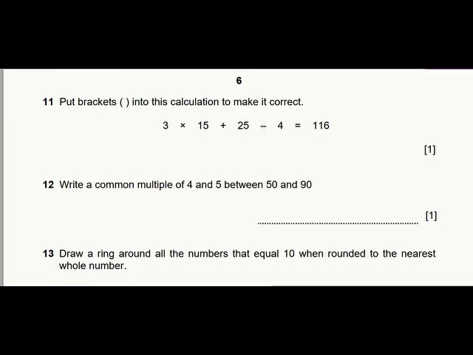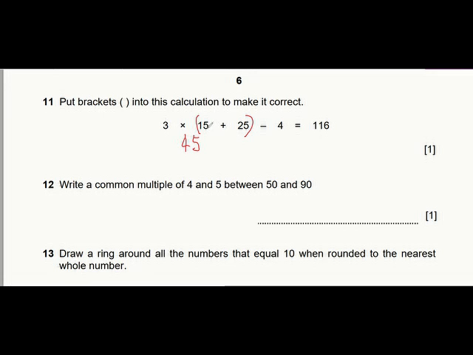Multiplication first. 3 times 15 is 45. Plus 25 makes it 70. Minus 4, it wouldn't be correct. Then we want to make it bigger. So we might say addition first.